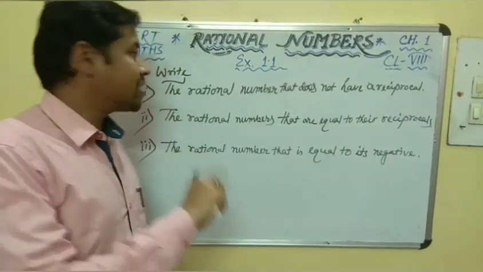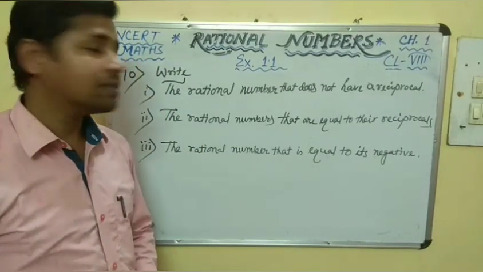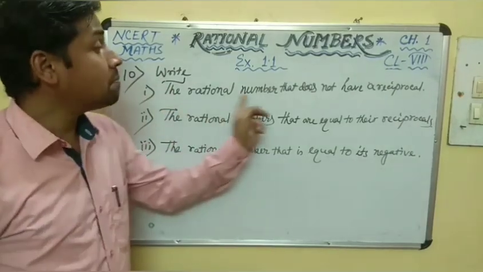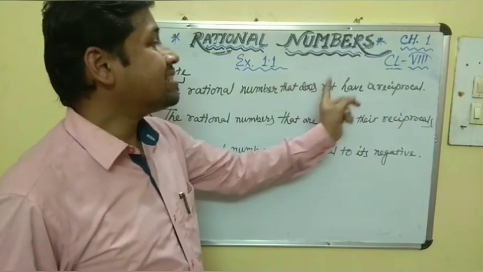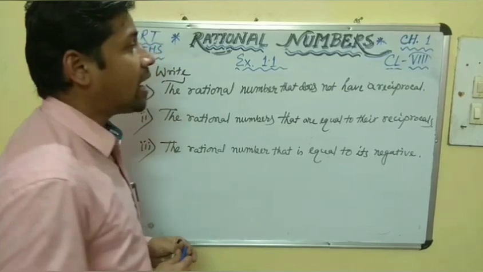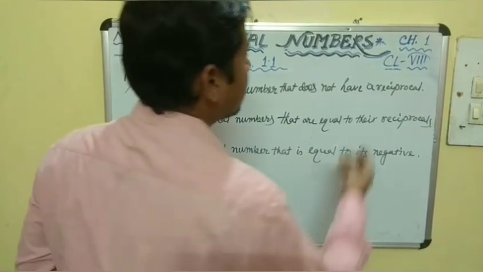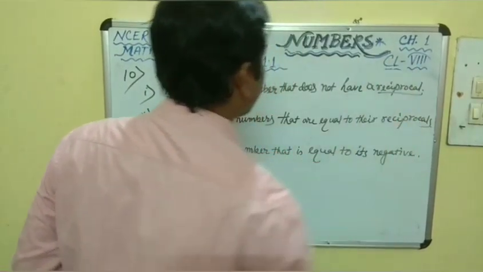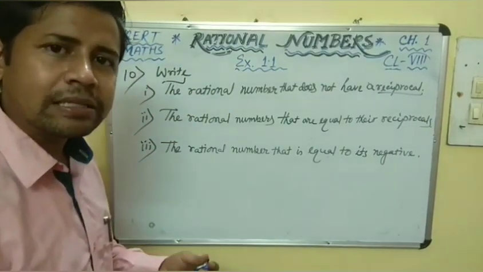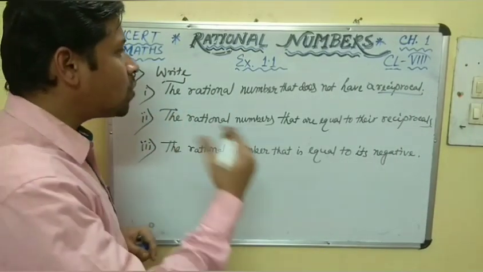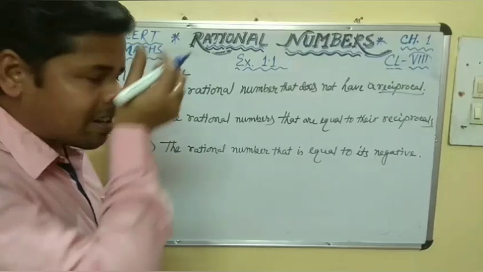Students, now question number 10 is saying: write the rational numbers that do not have a reciprocal. What are the numbers which have no reciprocal?